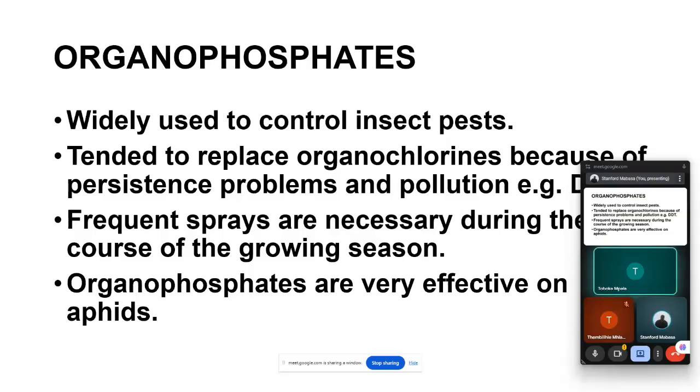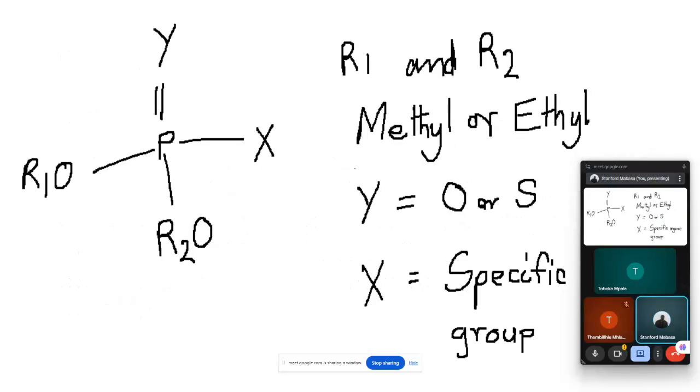But with the organophosphates, frequent sprays are used in order to control the pests during the growing season. You may note that organophosphates are very effective on aphids.